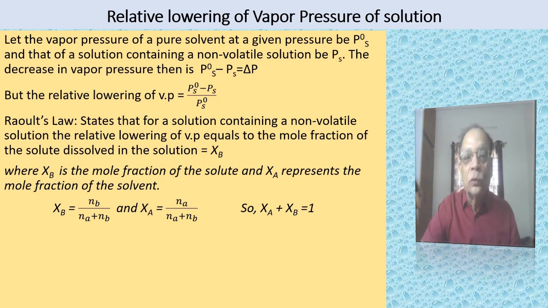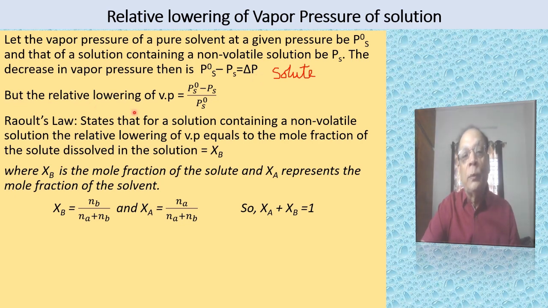It is not solution, it should be read as solute rather than solution. The decrease in vapor pressure then is P0S minus PS, and it is represented as del P.